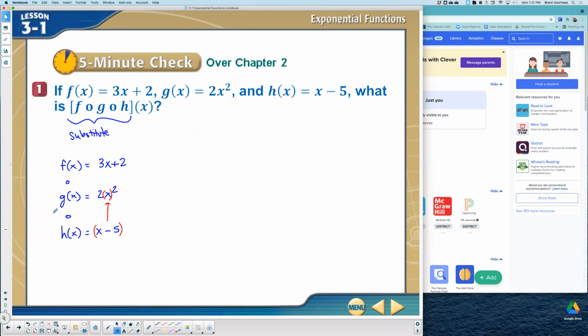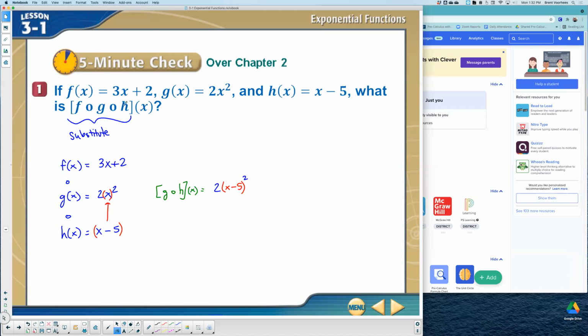And truthfully, what that will create, not that you have to write down, I'll write down in green, what's bonus, is it's going to create what we would call g of h. g of h, right there, you don't have to write that, but I'm going to, will be 2 times, and instead of this x right there, it'll be the parentheses x minus 5 substituted in. And then we'd square it. That square did not get replaced, so that's a part of the problem. And that right there is g of h.